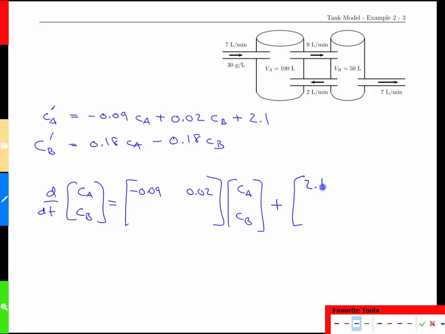That ends up on the far right side here. In the CB equation, we have the same kind of pattern, except the coefficients are a little different, positive 0.18 and negative 0.18. There is nothing else left, so the non-homogeneous part there just gives us a 0. And so that's how we can move from a model like this, where it's all about flow rates and concentrations, to a mathematical presentation of it in a standard form of a first-order non-homogeneous system.